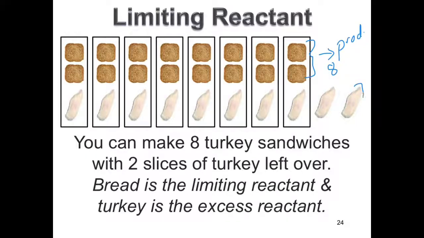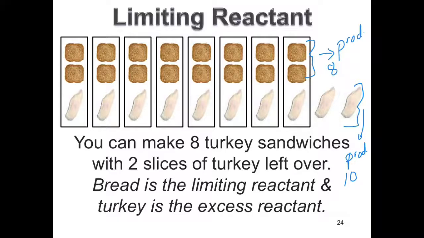The second path through the roadmap will take us through the other reactant to product. And here, if we had enough bread, we could make 10 sandwiches.